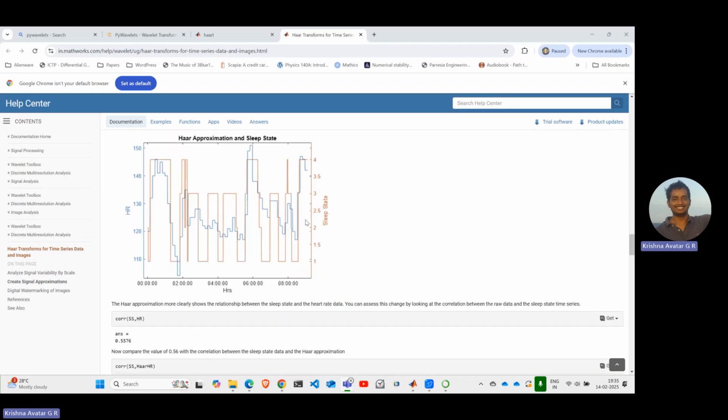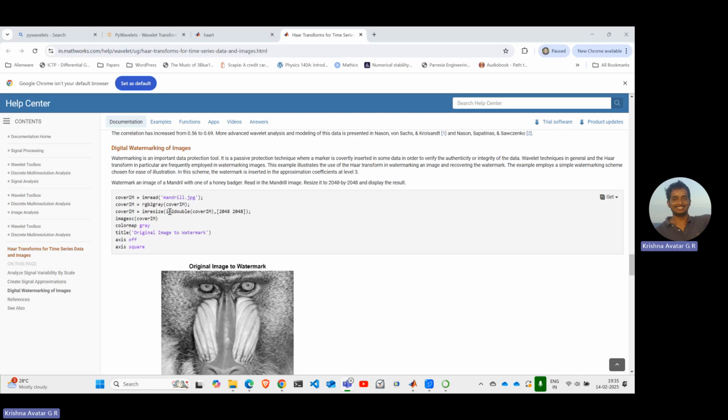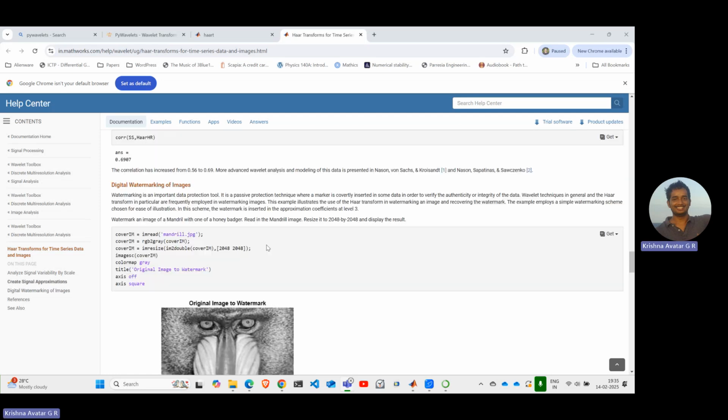We had matched the sleeping rate with the heartbeat rate of a baby child and looked at the correlation. So here we see that it can even be used for digital watermarking, as seen here.